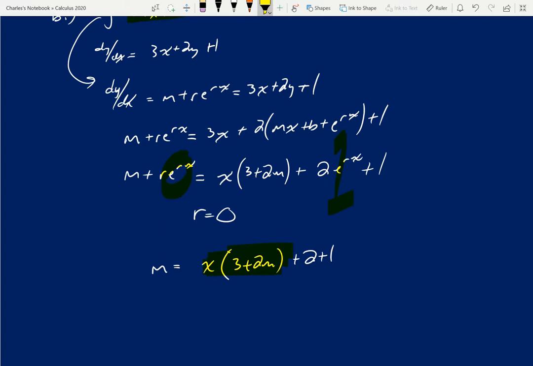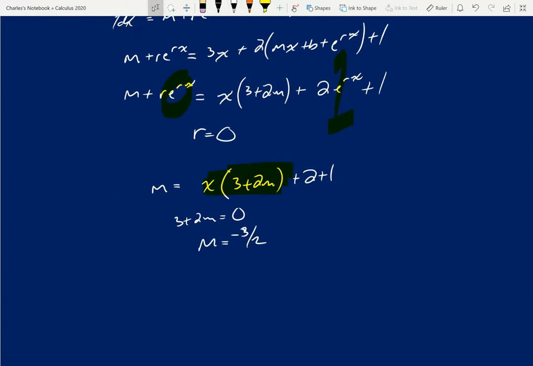The only way this equation is going to be true for all x's is if this part right here becomes 0, because x can take 1, 2, 3, 4, 5, and that doesn't affect the balance here. That's only going to be true if something else neutralizes it, which is this part. If we make that equal to 0, we get 3 plus 2m is equal to 0, which means m is equal to negative 3 halves.